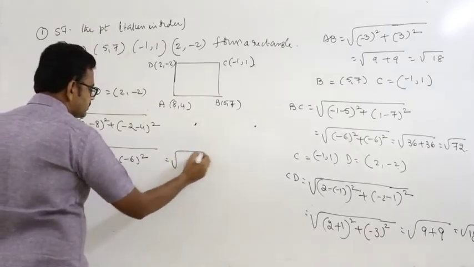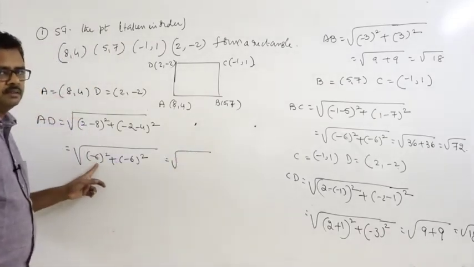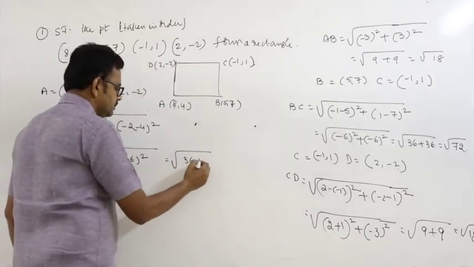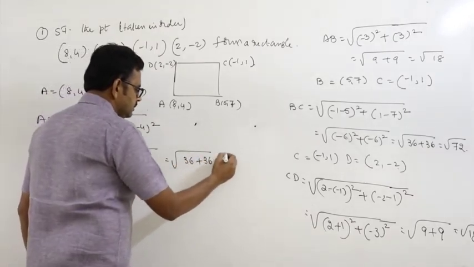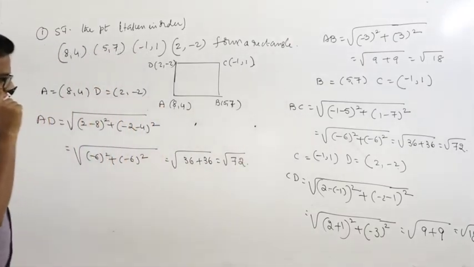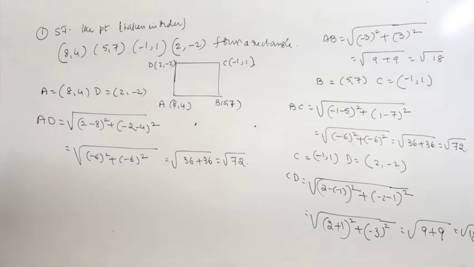So (−6) whole square is −6 into −6, that is plus 36. 36 plus 36, root of 72.